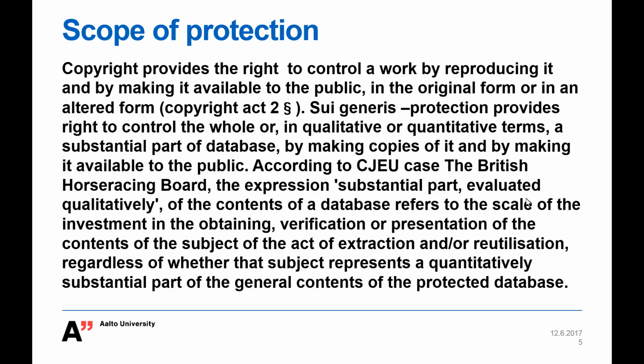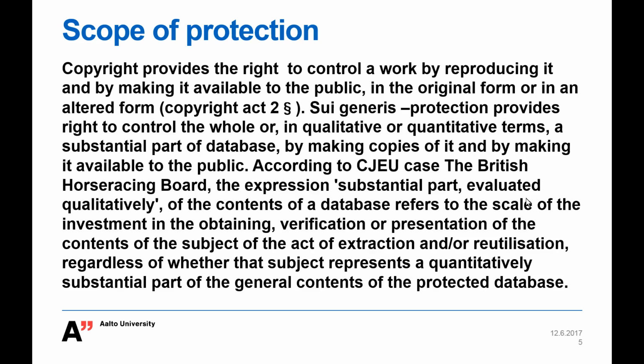The reproduction right is very wide for copyright. So generally the right holder's permission has to be obtained for reproducing copyright protected research data. Sui generis protection provides the right to control the whole or a substantial part of a database.